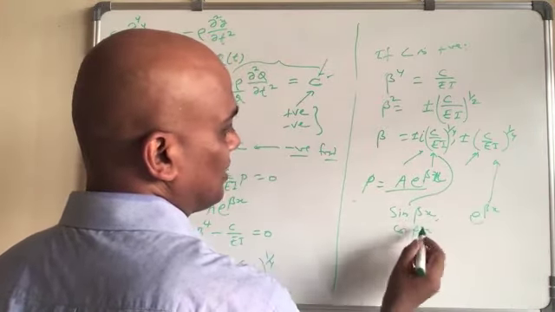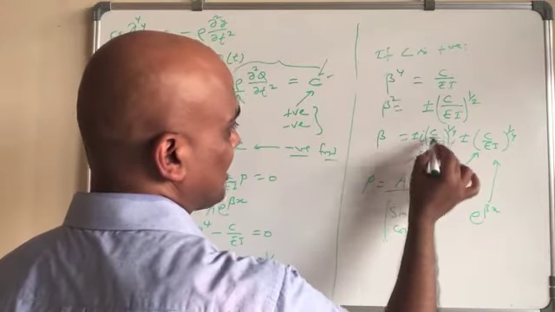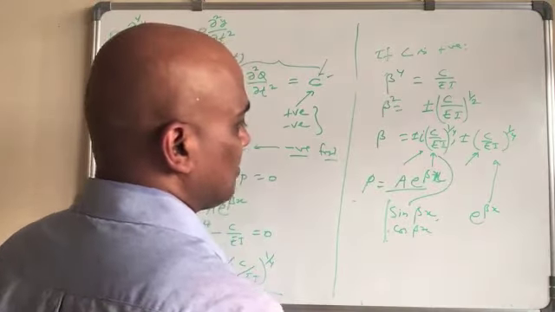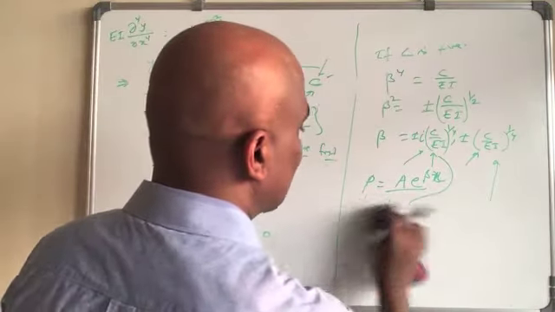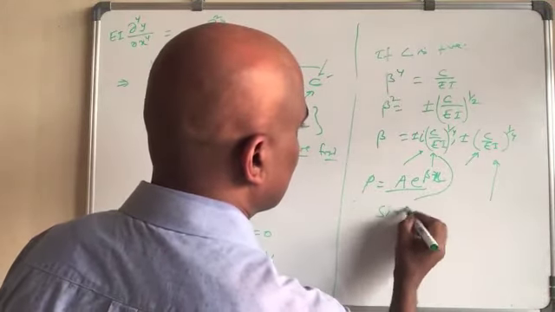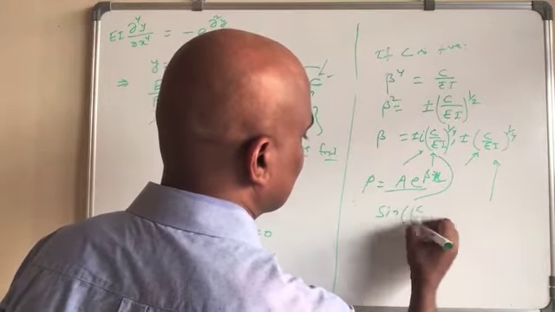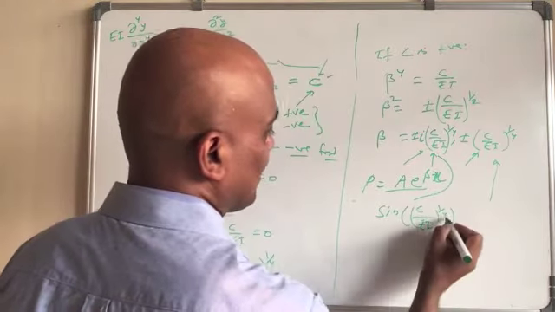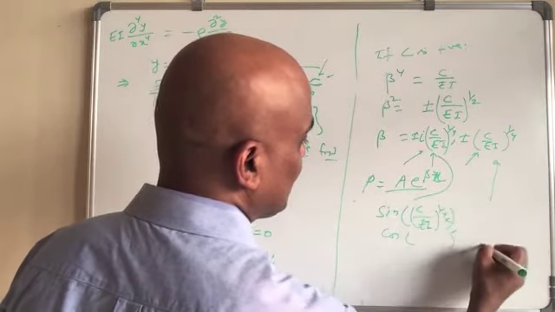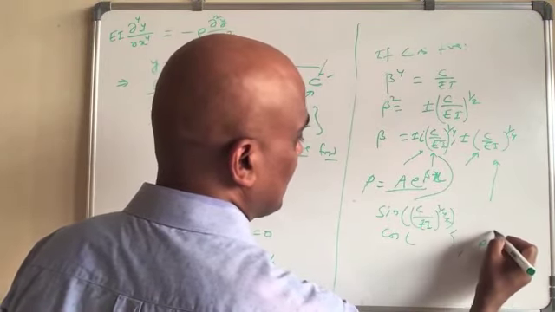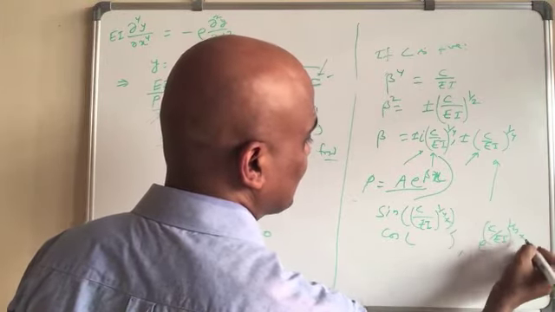So in this case you will have sinusoidal coming from e to the power I times this value, and from here, what I mean to say is finally you get sine of C over EI to the 1/4 times x, either that or cos of the same thing, or from here you will get e to the power C over EI to the 1/4 times x.